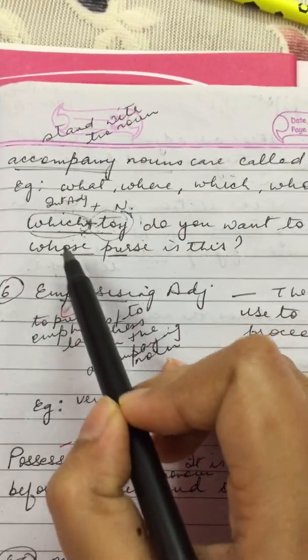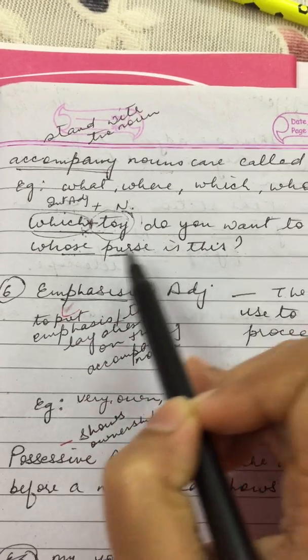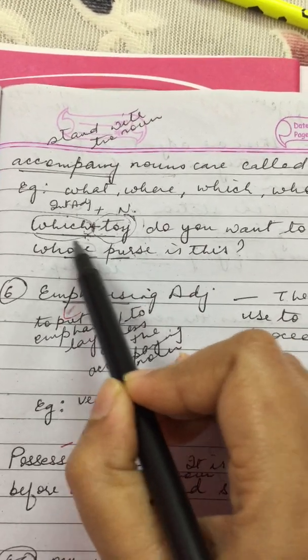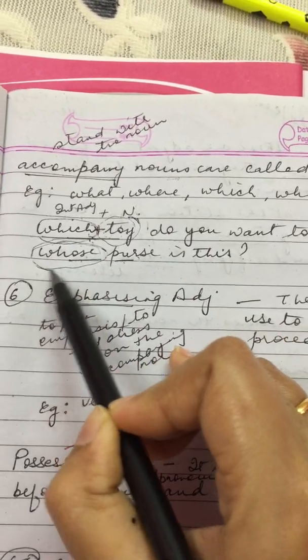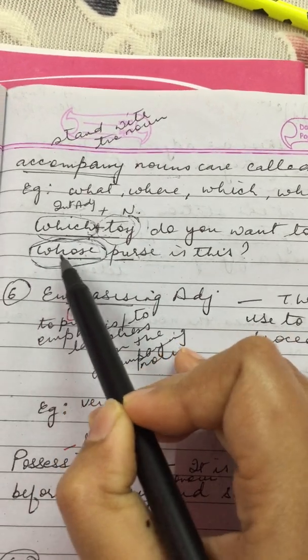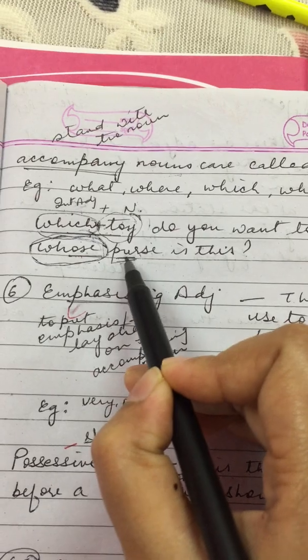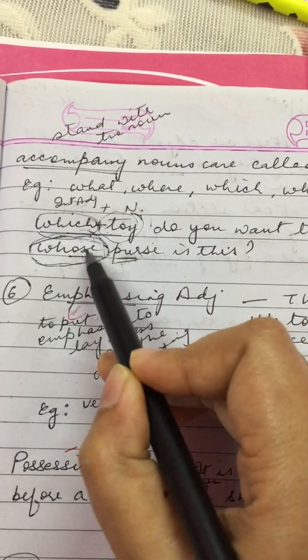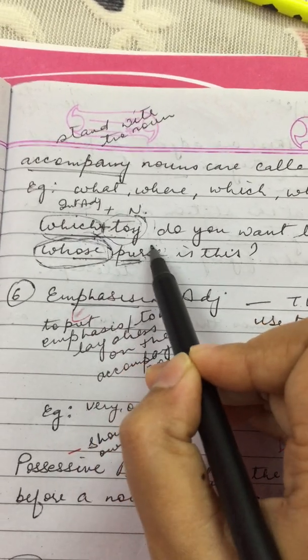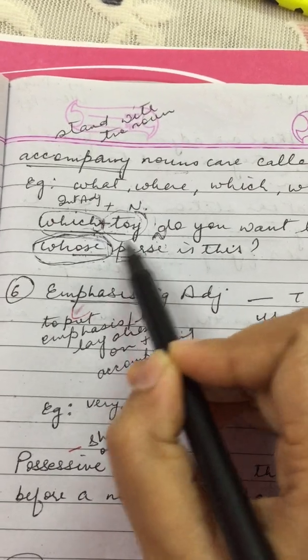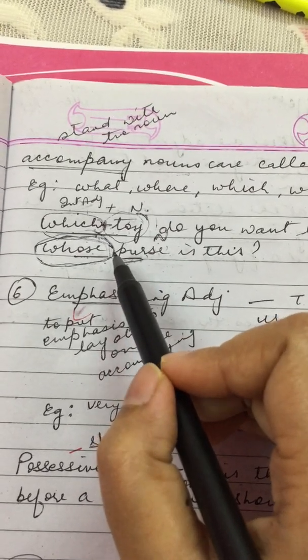Next example, whose purse is this? Whose purse? Whose is an interrogative, it is a question. We ask questions with this word whose, and when this whose is written along with a noun, it is describing a noun, what does it do?